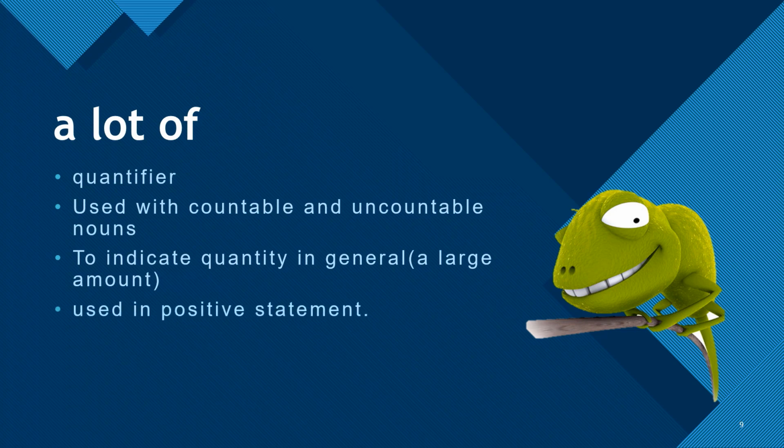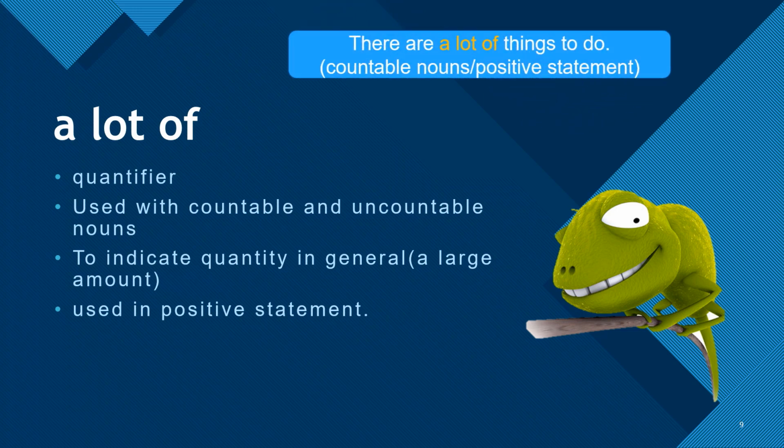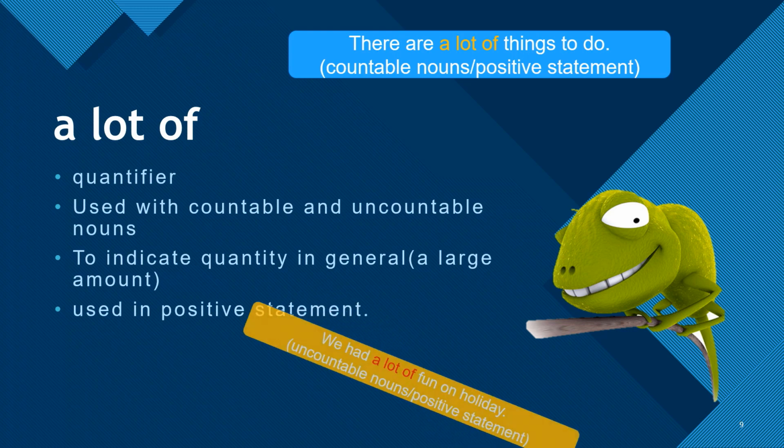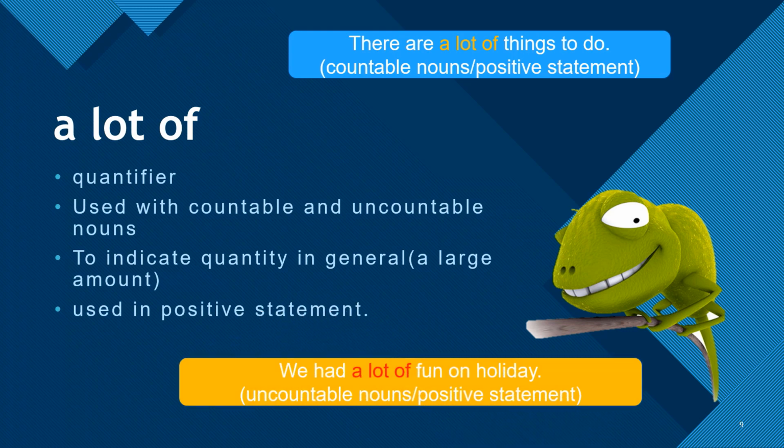It is used only in positive statements. For example, there are a lot of things to do. Here we use a lot of with countable nouns and in a positive statement. Another example, we had a lot of fun on holiday.